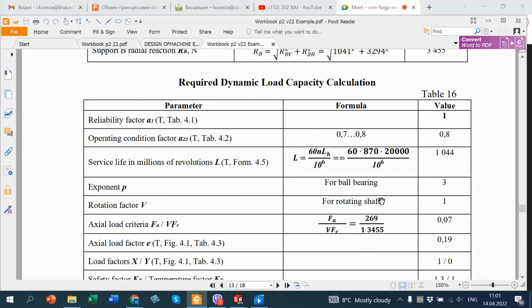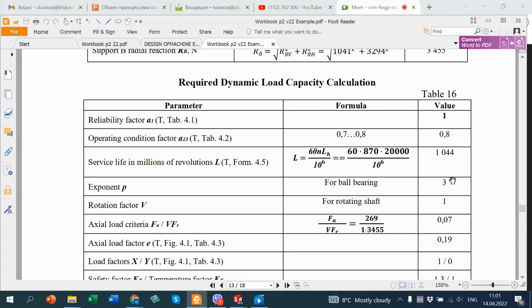Exponent for ball bearing 3, for roller bearings it's 3,33, and we'll have high load capacity. So it's also maybe correct solution for your design.